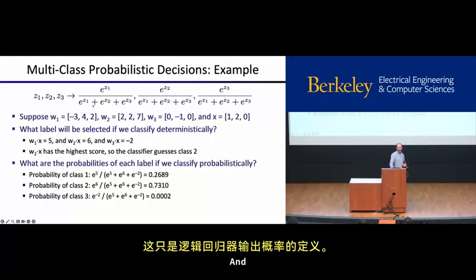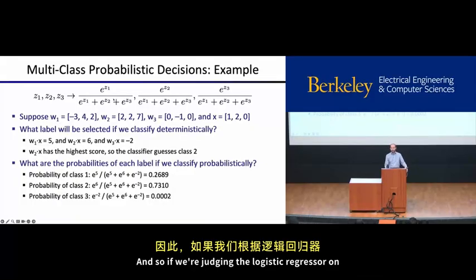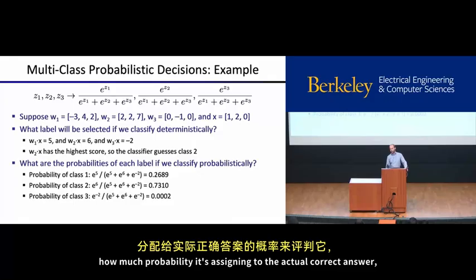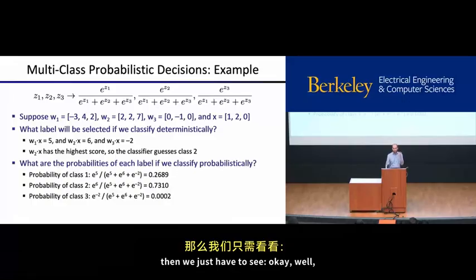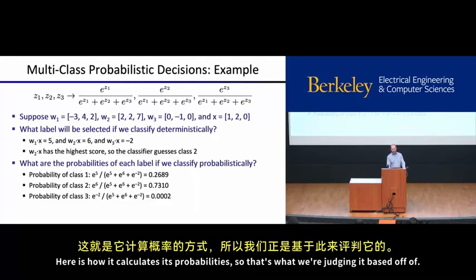And this is just the definition of the probability that the logistic regressor is outputting. And so if we're judging the logistic regressor on how much probability it's assigning to the actual correct answer, then we just have to see what probability it is assigning to the correct answer. Here's how it calculates its probabilities, so that's what we're judging it based off of.